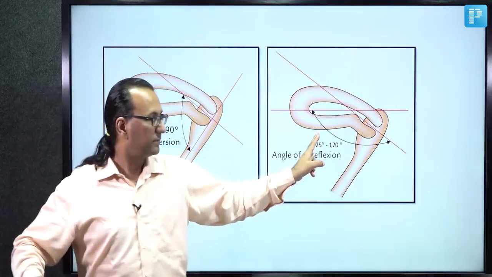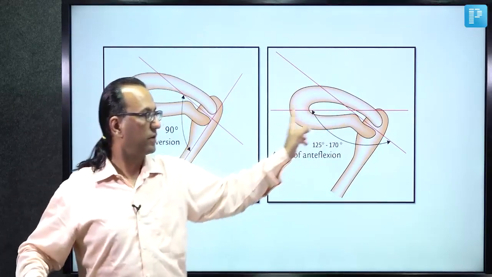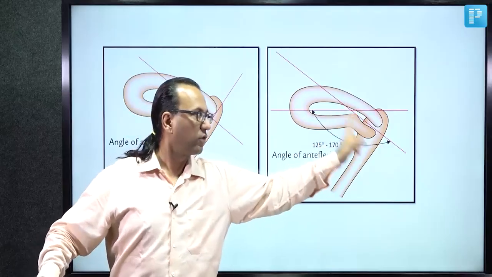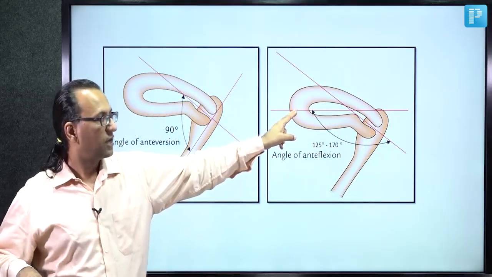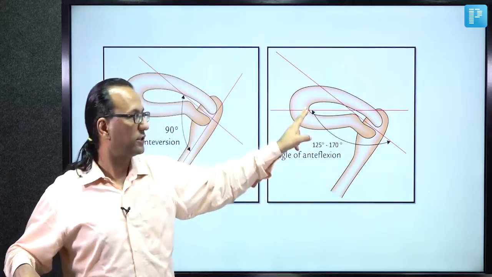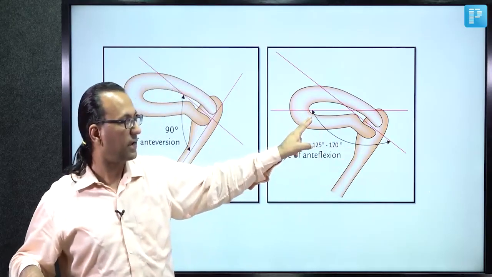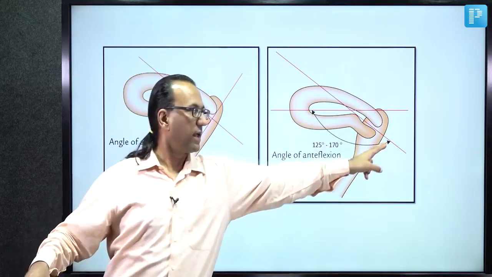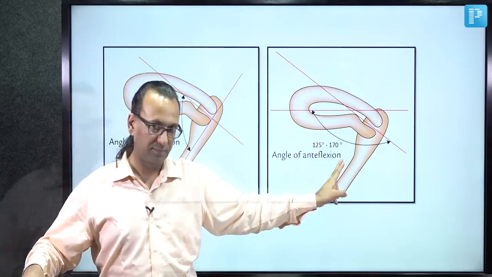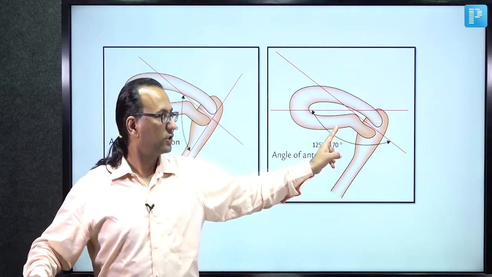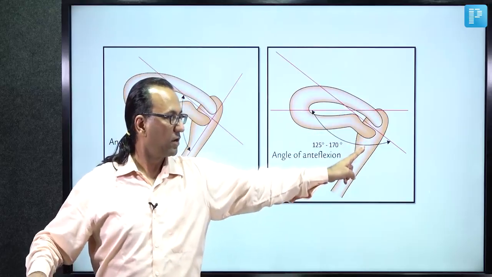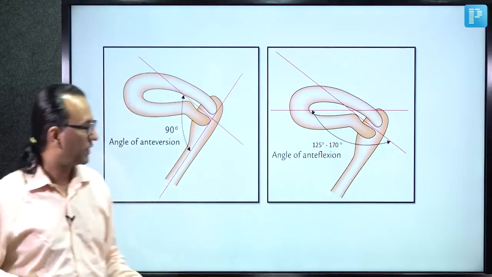Now here you see that the body of the uterus is itself folded on the cervix of the uterus, and that is around 125 to 170 degree of folding angle, and that is called the angle of anteflexion. Both of these are important for preventing the uterus from prolapsing through the vagina outside.